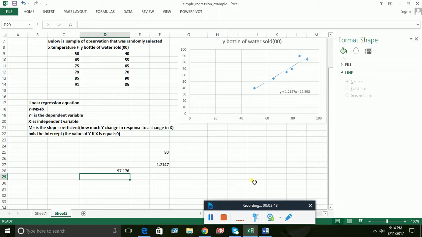This is 97. 1.2147 times 80 is equal to 97.176, minus 22.593.